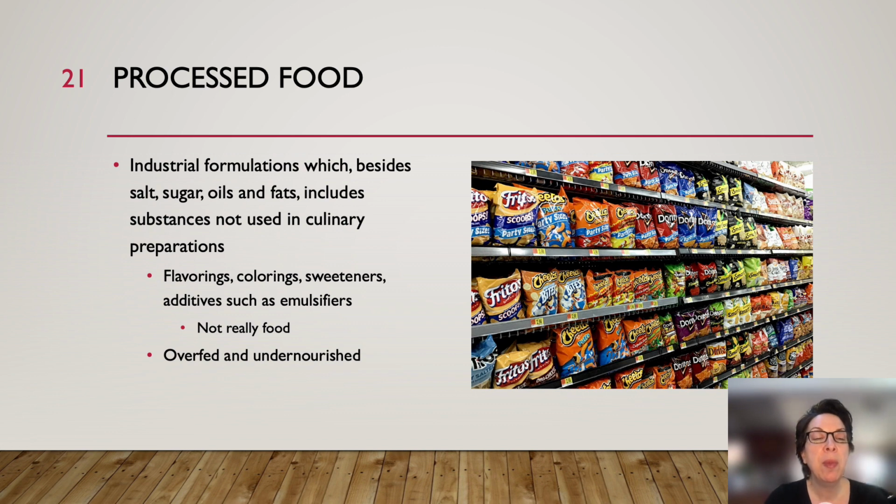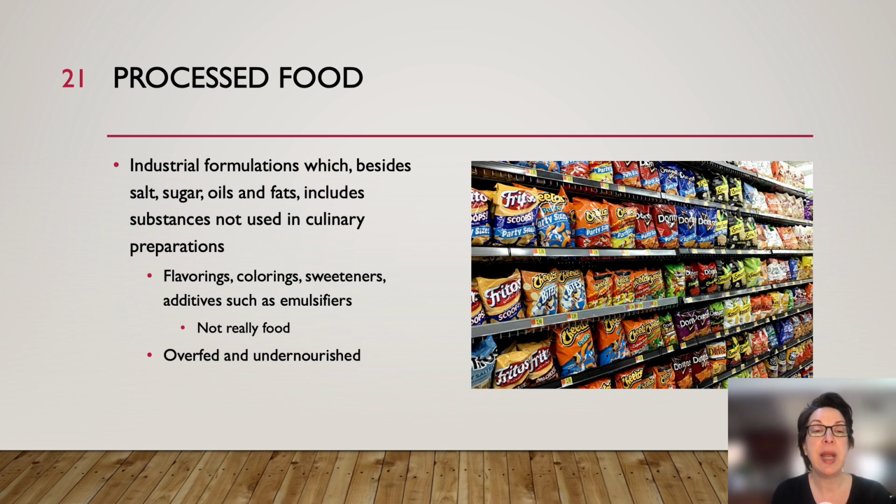So what we mean when we talk about processed foods are foods that have industrial formulations, which include substances not used in culinary preparations. So these are not substances that you would find in your kitchen.